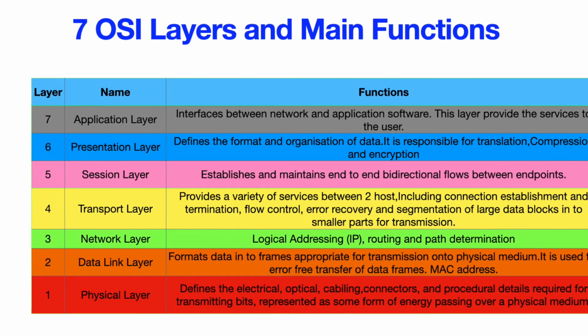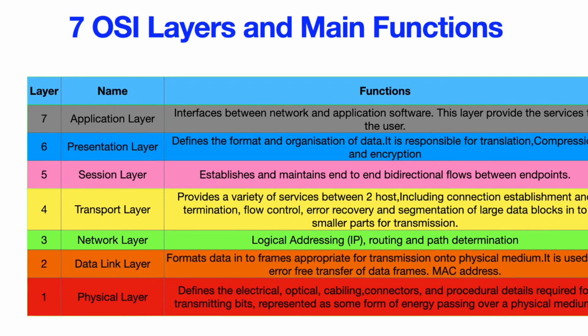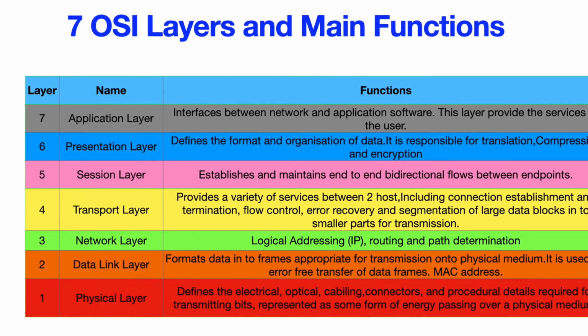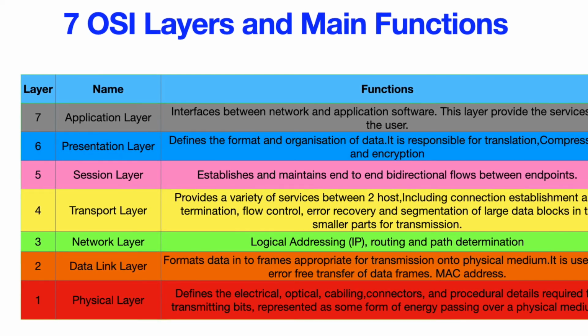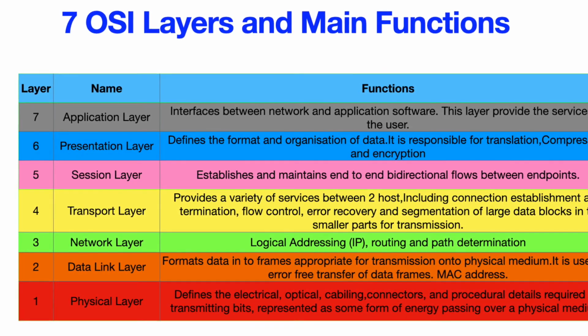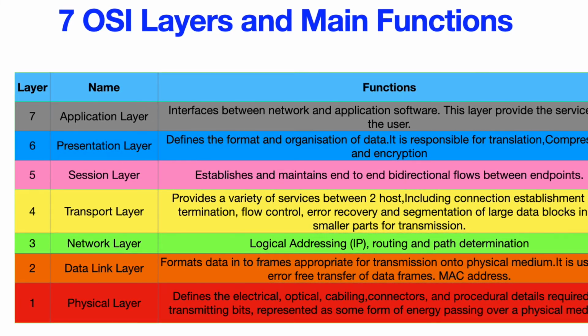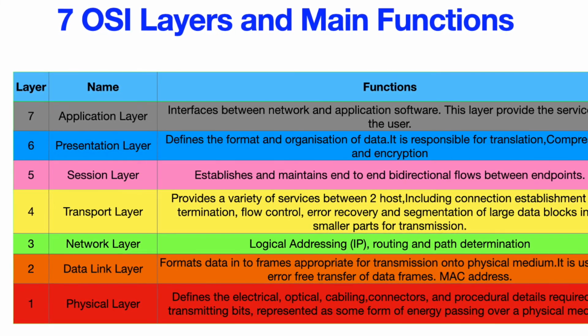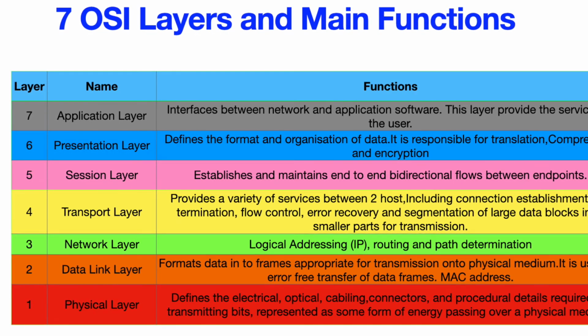Then the session layer establishes and maintains end-to-end bidirectional flows between two systems. Then layer 6, the presentation layer, as we said earlier, defines the format. It is responsible for translation, compression and encryption. Then the last layer, the application layer, is just the interface between the network and the application. This layer provides services to the user.